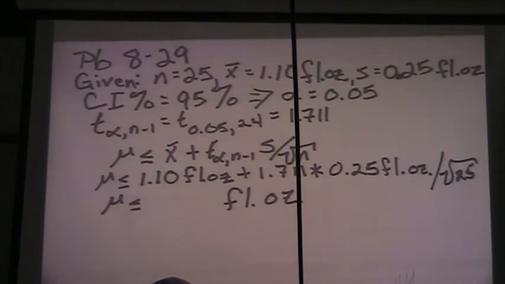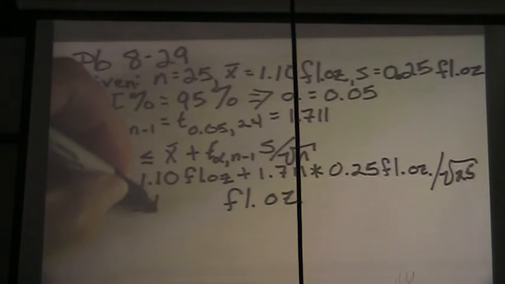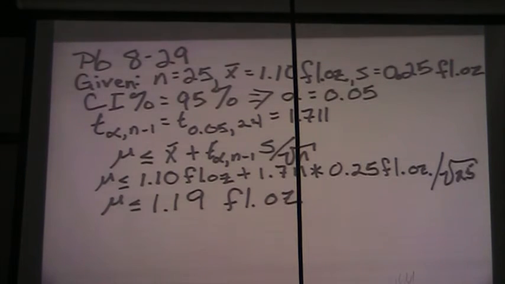All right, so our number becomes mu is less than or equal to 1.19. Well, there you go. Wasn't that exciting?